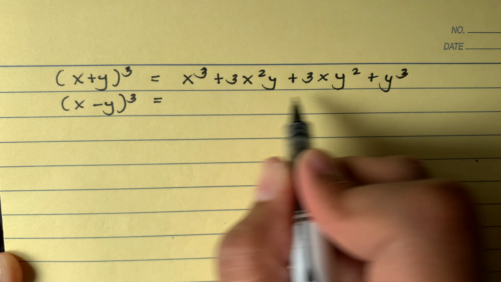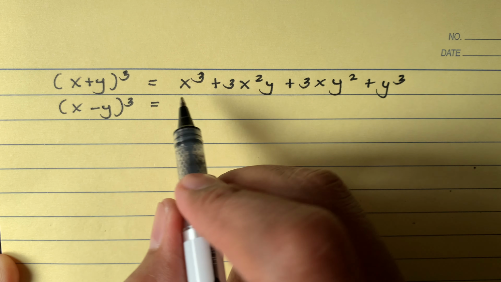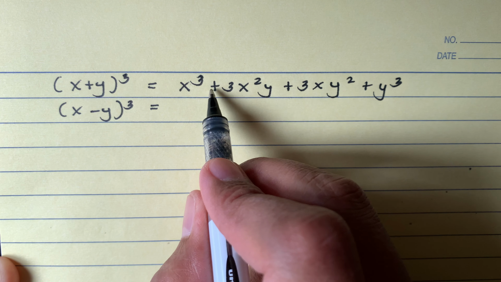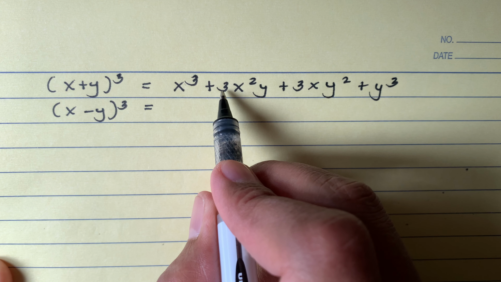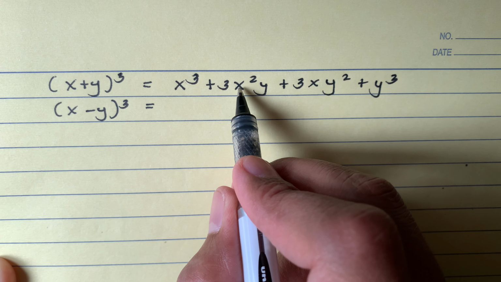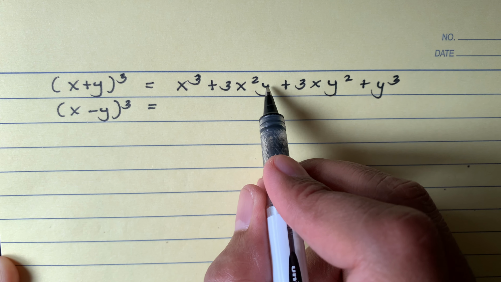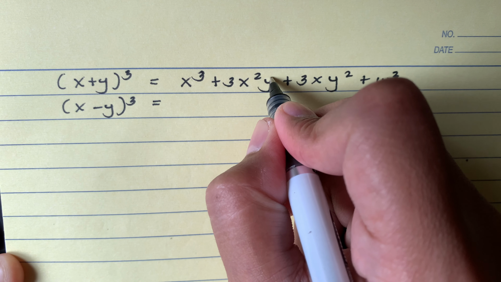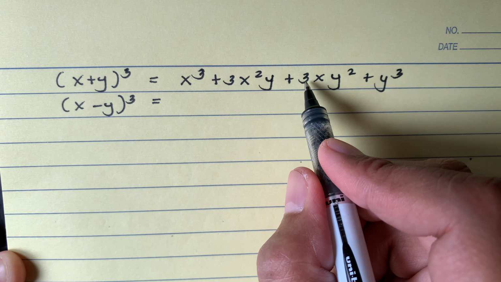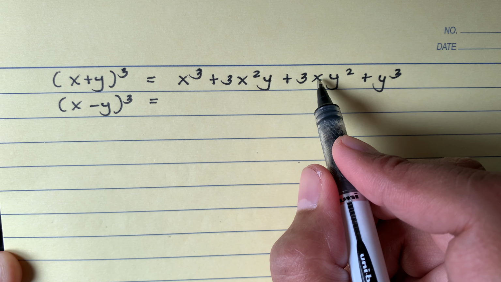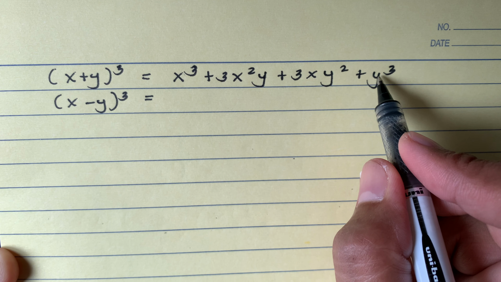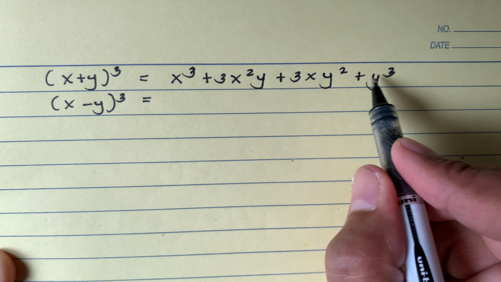So trying to look at our product, what you're going to follow is simply you're going to cube your first term x, then plus your 3 here is constant, you cannot change that. Then you square your first term, then you're going to multiply your second term added by 3 again, your first term, then the square of your second term, then it will be added by the cube of your second term.